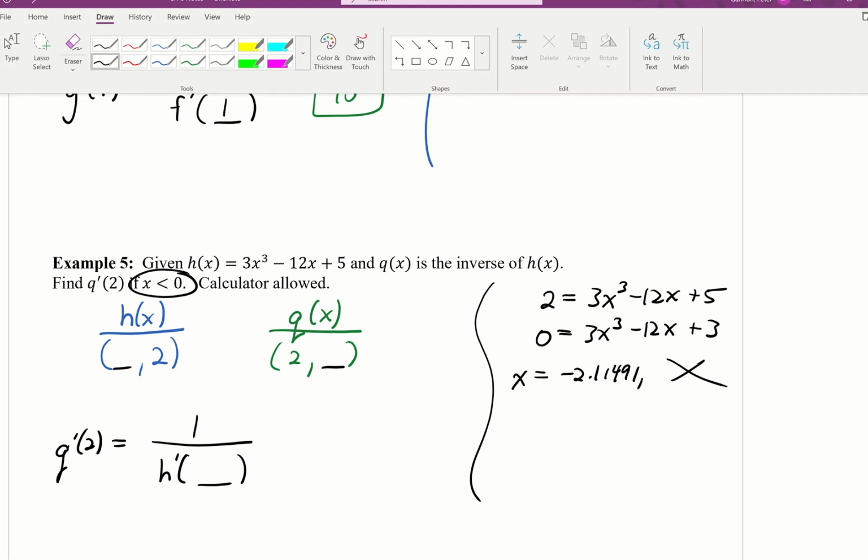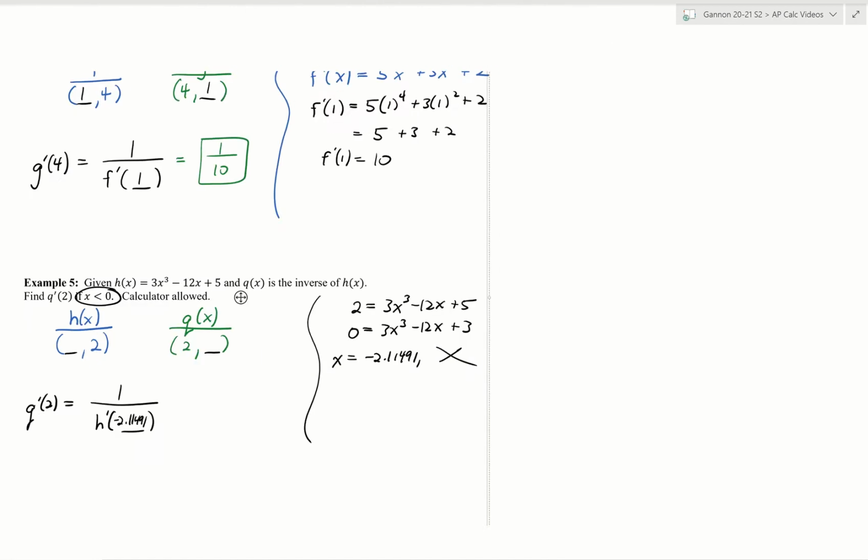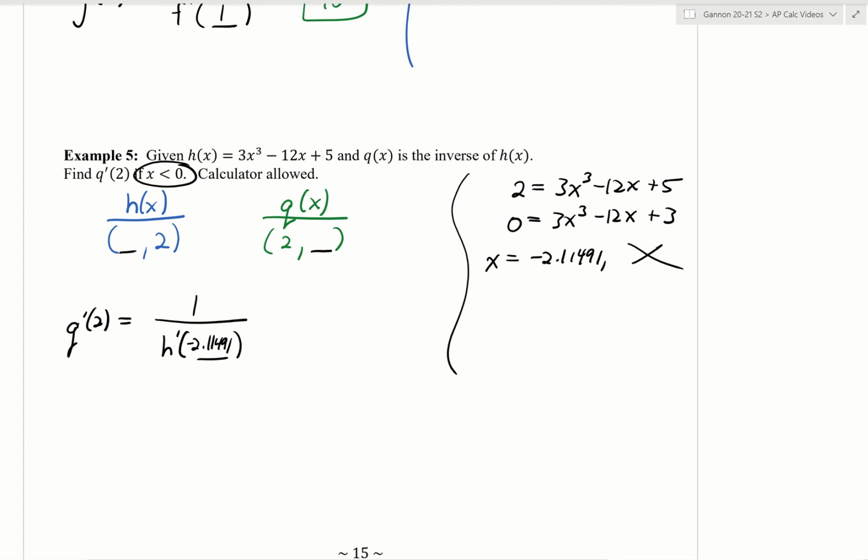So we need to know what h prime of negative 2.11491 is. So that's going to require us to figure out what is the derivative of h real quick. So h prime of x is 9x squared minus 12. And then we're going to evaluate that at negative 2.11491.